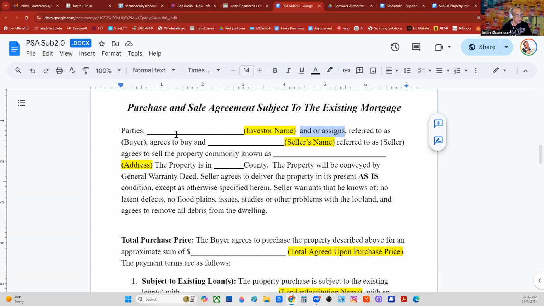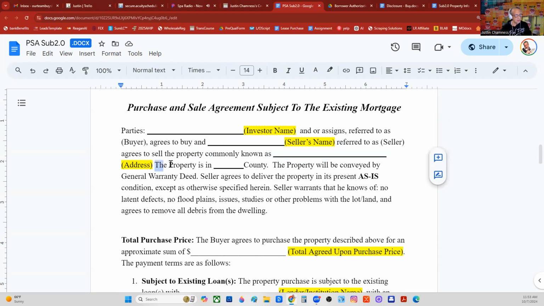Now, the investor's name, you and or your assigns, referred to as buyer, agrees to buy, and the seller's name, that's the guy who owns the home originally, referred to as seller, agrees to sell, commonly known as 123 Apple Cart Way, okay?